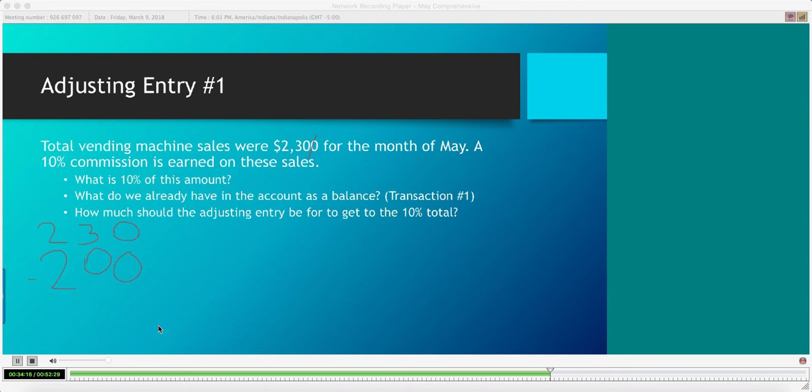That is one of the more commonly missed adjusting entries. Students see the number 2,300 and automatically assume that's the amount that should be adjusted for. So again, reading carefully is very important on this project.